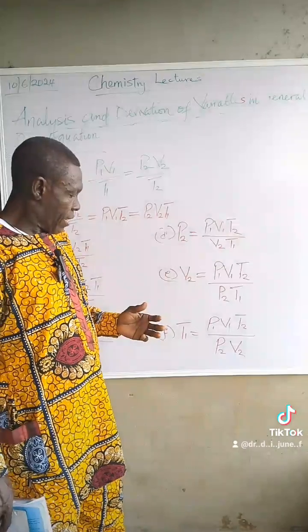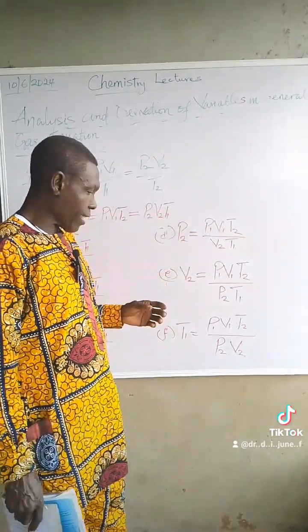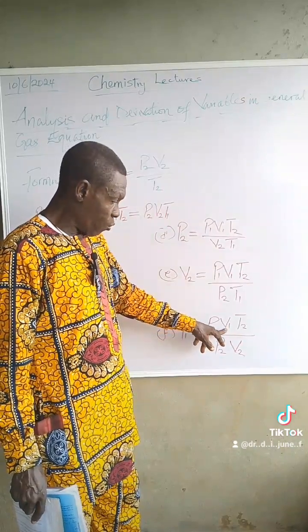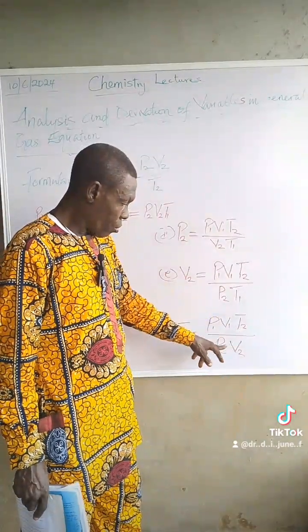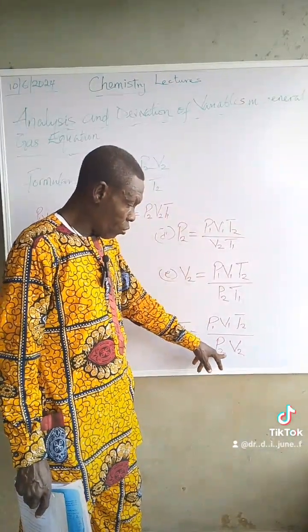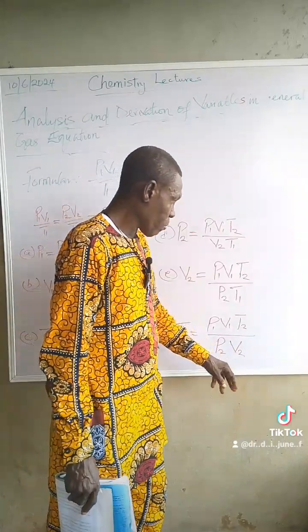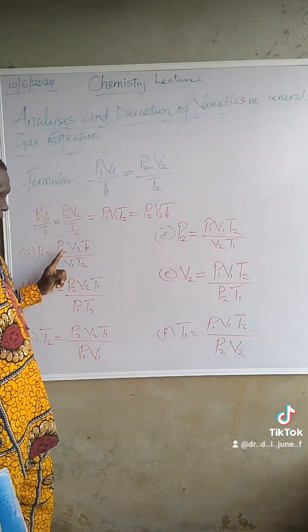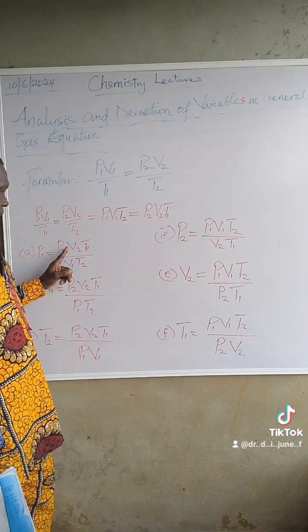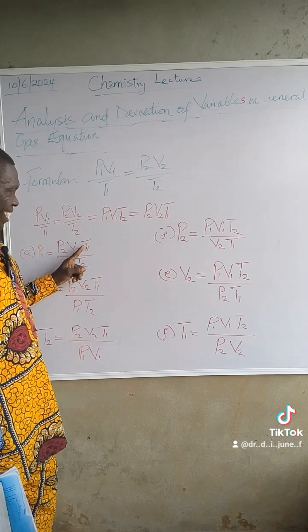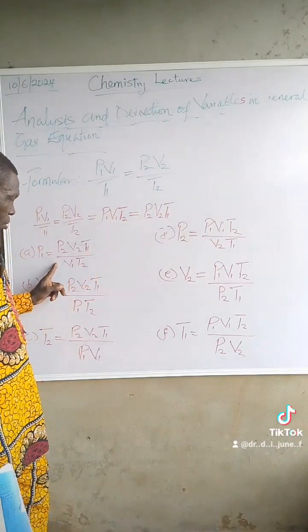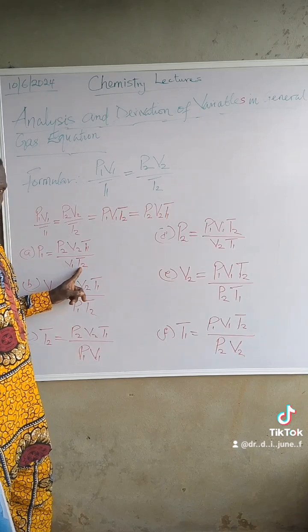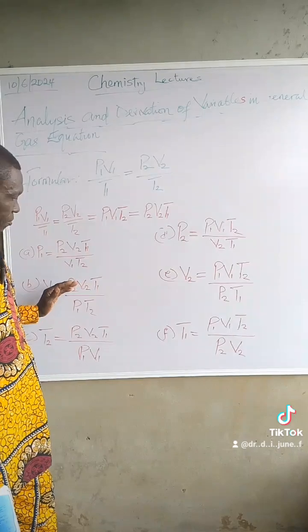Then, if you are asked to find the initial temperature of the gas, it will become P2 V2 T1 all over P1 V1. Of course, when we say P2 V2 T1, it means final pressure multiplied by final volume multiplied by initial temperature, all over the initial pressure times the initial volume. So you can do the same for all of them.